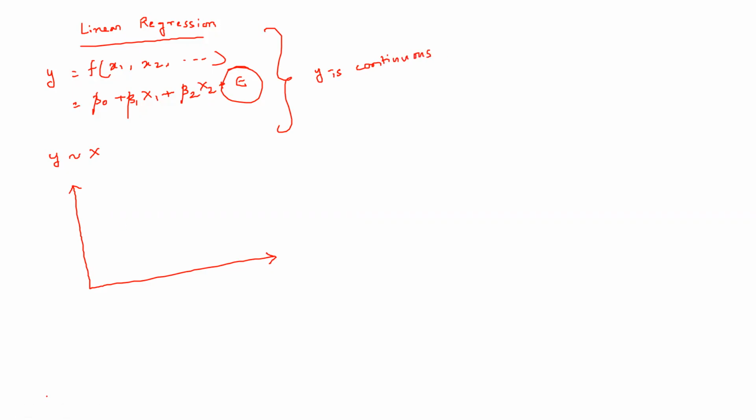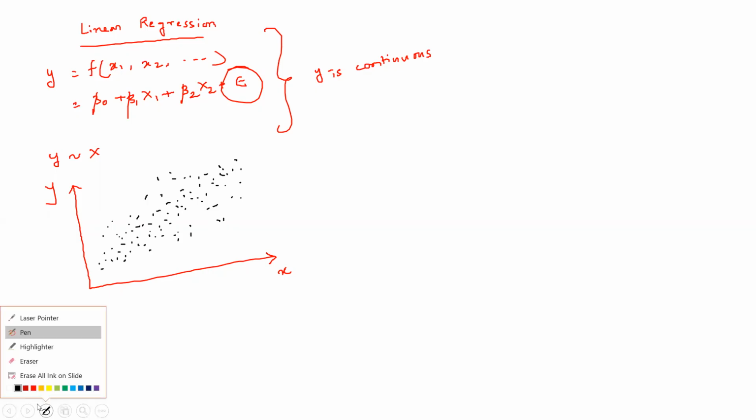So let's say this is my y, and this is where I plot my x, and the scatter plot looks like this. Okay, so this is my scatter plot. It can be a little bit varied here and there, but more or less like this.